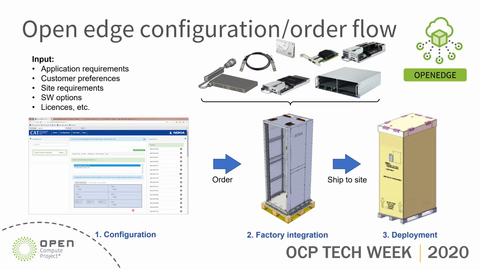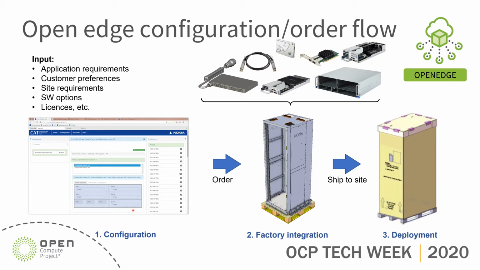And once that's all done, then the system will produce a bill of materials, and which is then forwarded to our factory, where all the integration happens. So the servers are built, from the server barebone components are added. Then the chassis are built from the sleds, and they are then placed into a rack based on the description that was made in the first phase.